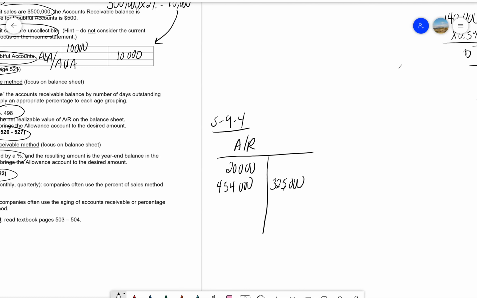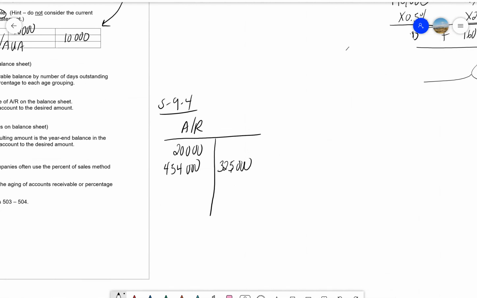Now, we're going to look at part one first. Now, in part one, the allowance for doubtful accounts at the end of 2020 had an unadjusted balance of $2,700. So that's sort of where we're at.